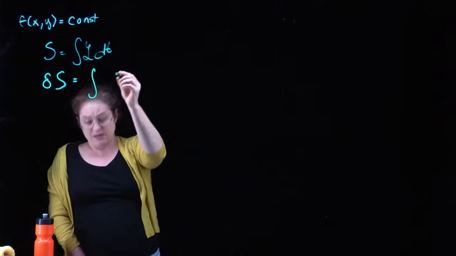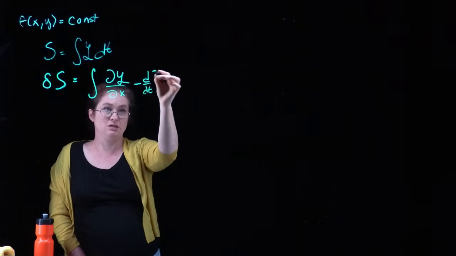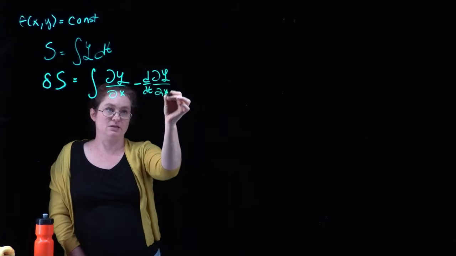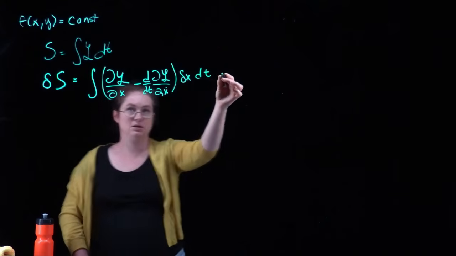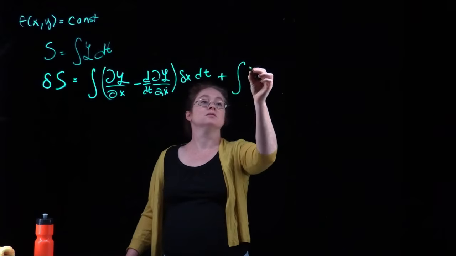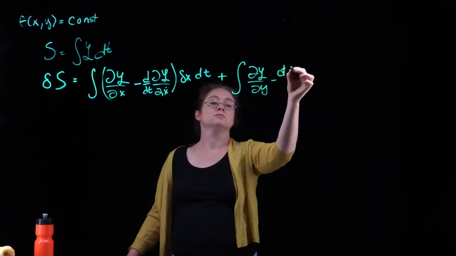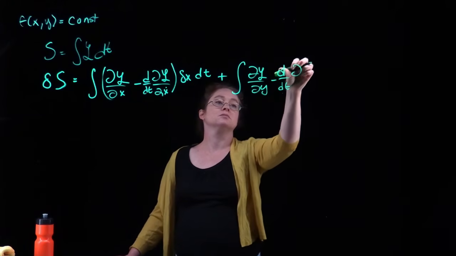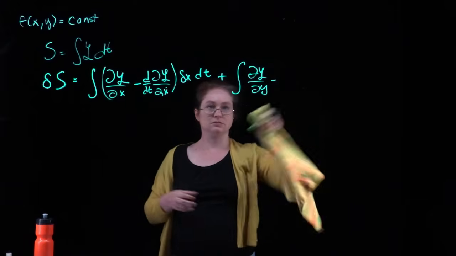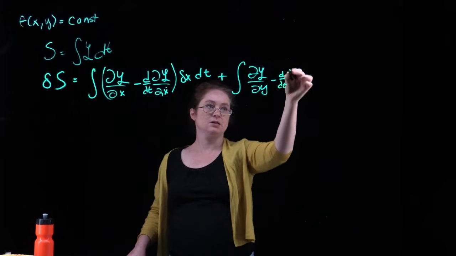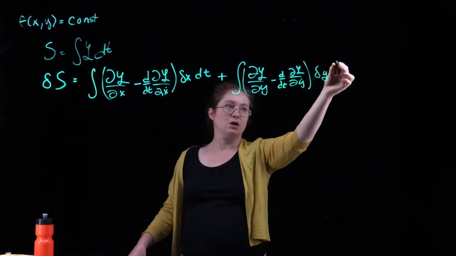So we can write this as partial L partial x minus d/dt partial L partial x dot, times a small change in x, dt, plus d/dt partial L partial y dot, small change in y, dt.